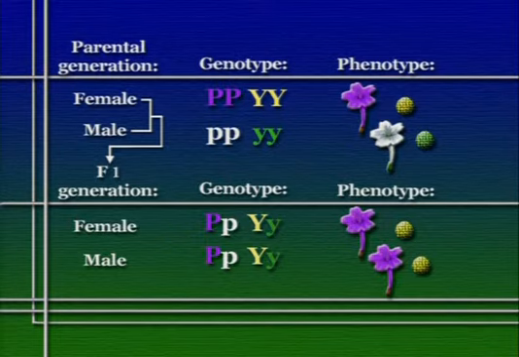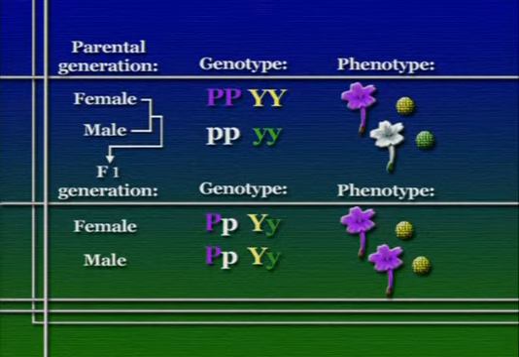This is because we know from what we talked about last time that they all have to be heterozygous for both characters. We know that they received the allele for purple flower color and yellow seed color from one parent, the mother in this example, and they received the white flower color allele and green seed color allele from their father.